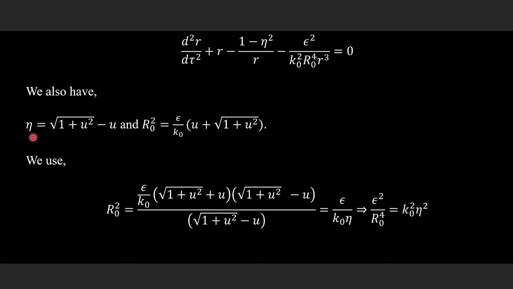Now please note that eta can also be written as under root 1 plus u square minus u, and this we can verify by substituting the value of u that we wrote earlier, in the definition of r naught square, where r naught square was equal to epsilon over k naught times u plus under root 1 plus u square. All right, so we can use this definition of r naught square, where we have epsilon over k naught times under root 1 plus u square plus u.